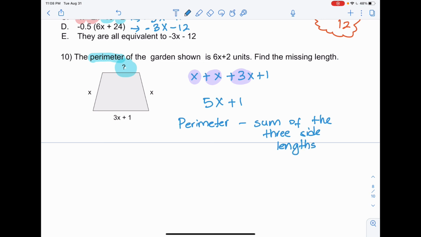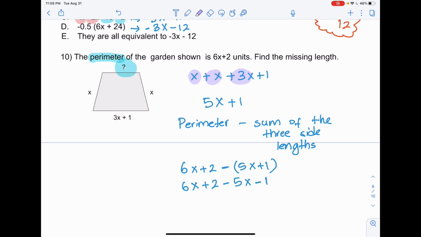Okay, and that will give us then 6x plus 2 minus, let's open the parentheses because that subtraction should also include the 1, 5x plus 1. So from here, I'm just going to use distributive property. I'm going to distribute the negative. That means I'm going to change the sign of each term inside the parentheses, which will be negative 5x and then minus 1.